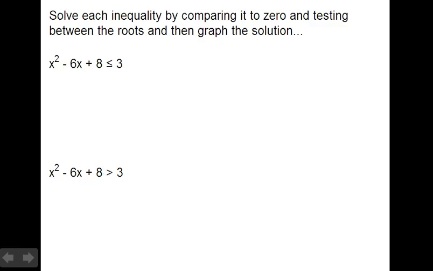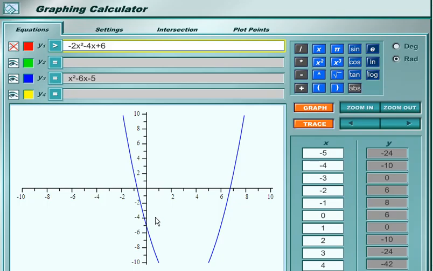Because we're trying to figure out, let me go back quick, where in this second problem, where this would be greater than 0, what we're looking for is where the parabola is going above the x-axis. So it's going above the x-axis on the left side of this root and the right side of this root. So our answer would be something like this. x would be less than negative 0.9.